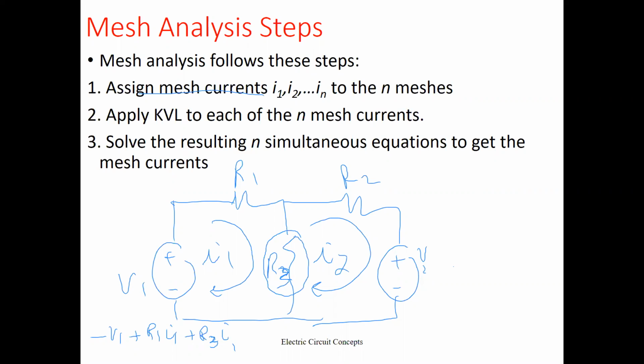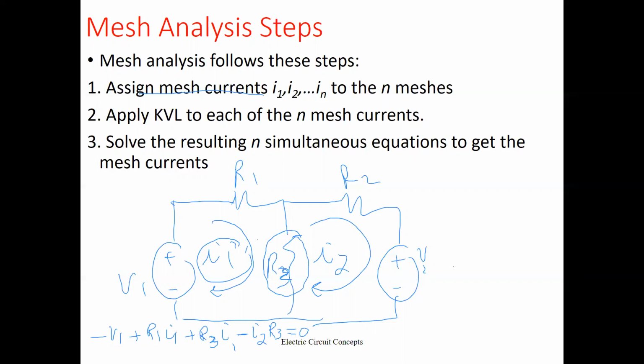That means there's two voltage drops, one caused by I1, which is R3 times I1, and the second voltage drop across the R3 is caused by the neighboring mesh, which is I2. But since I2 is in the opposite direction of I1, the voltage drop will be a minus. So it will be minus I2 times R3 equal to 0.